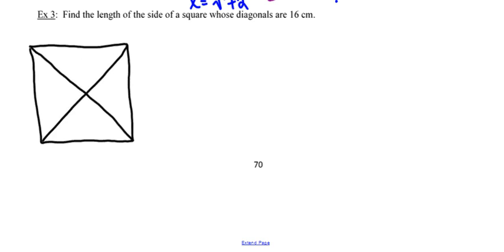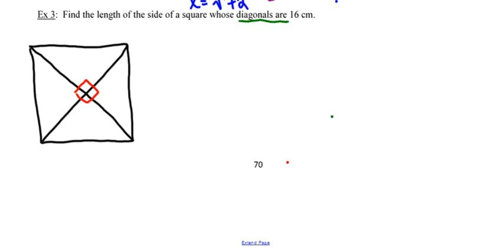And I'm going to remember that a square is a rhombus, and that in a rhombus, the angles that are formed by the diagonals are all right angles. A square is also a parallelogram, and one of the properties of the parallelogram is that the diagonals bisect one another.